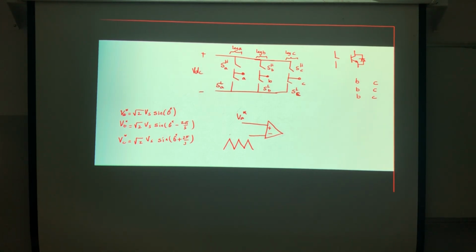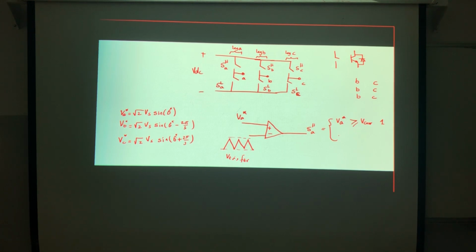Now, any triangular will have an amplitude and a frequency, so V triangular and F triangular. Then I will generate the gate pulse for the higher switch A such that if VA star is greater or equal to V carrier, then the switch will be 1, closed.